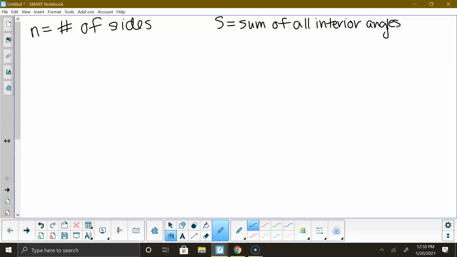So the first formula you're going to have is S equals 180 times N minus 2. And what that's going to do is every single time I use it, it's going to tell me no matter how many sides that stupid thing has, how many degrees are inside of it.